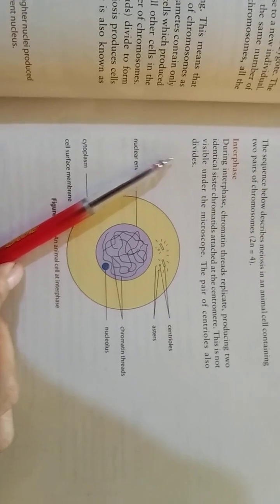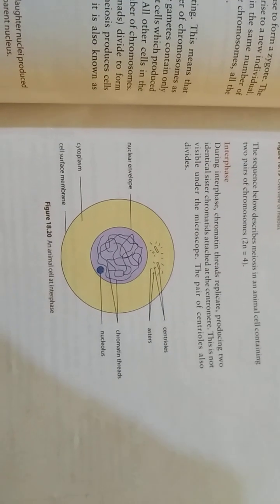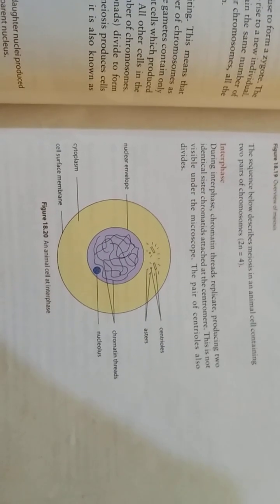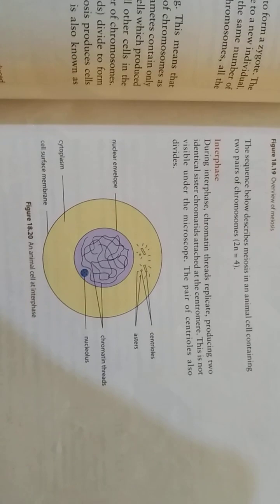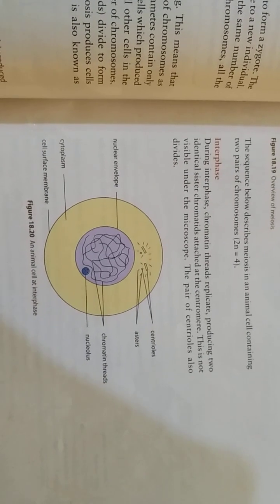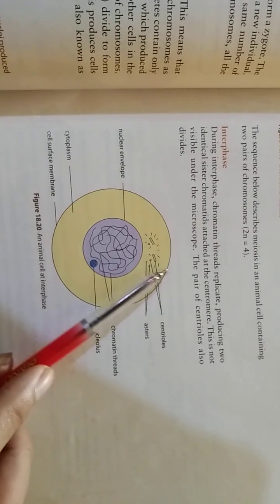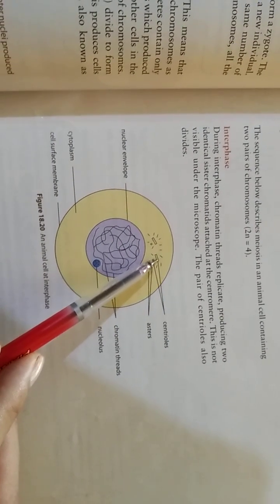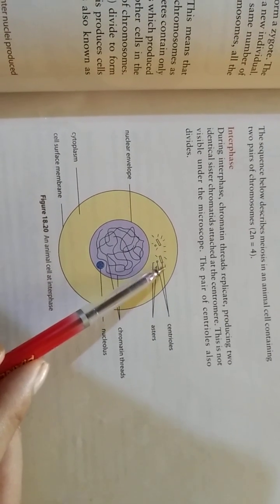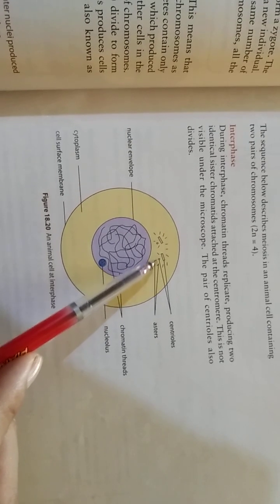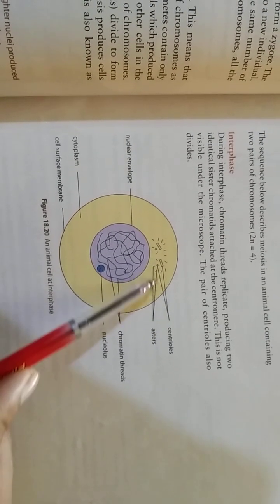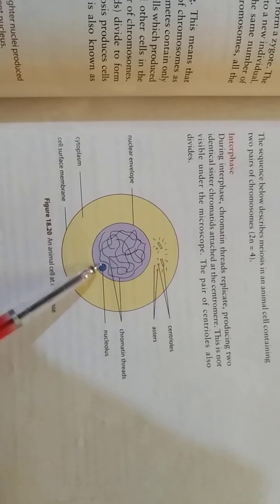In the previous lecture, we learned in more detail the process of mitosis, including the nucleus, chromosome, chromatid, centromere, and centriole. That structure is called the centrioles, and the small tubes around it are called asters.